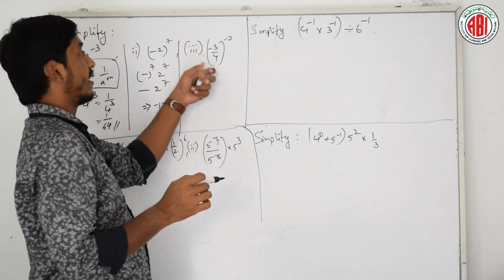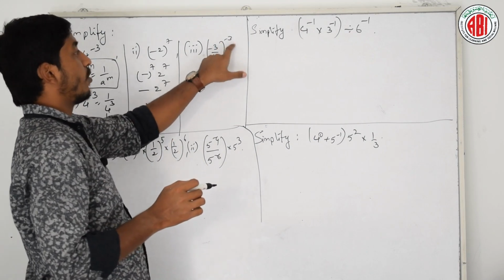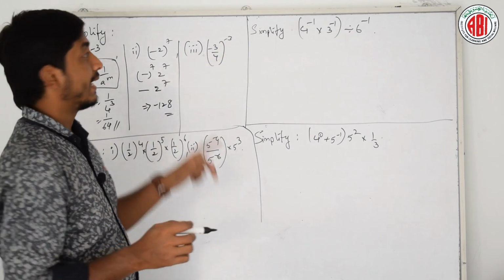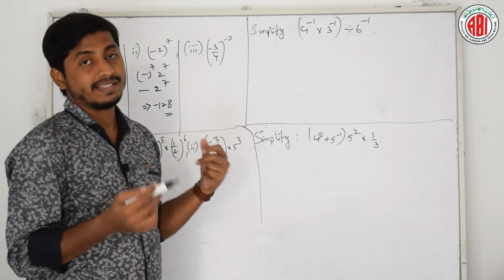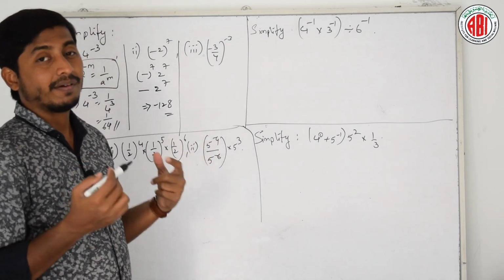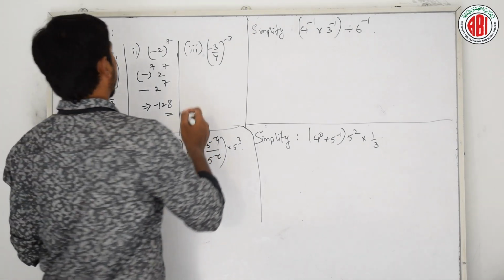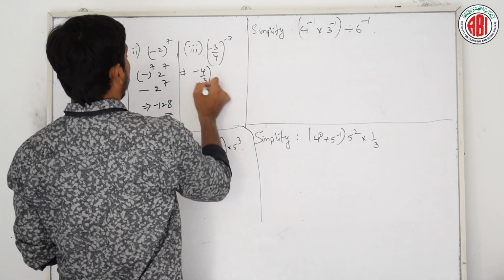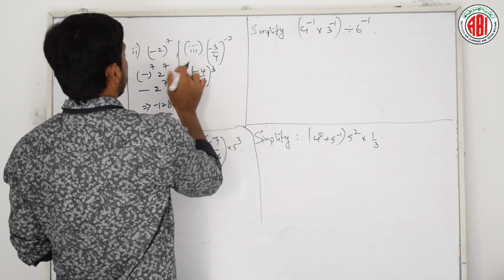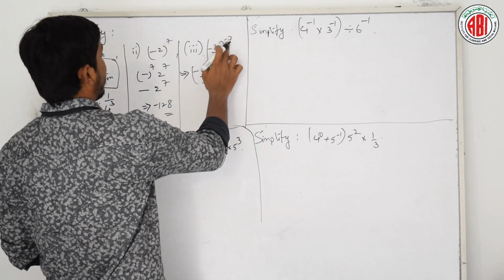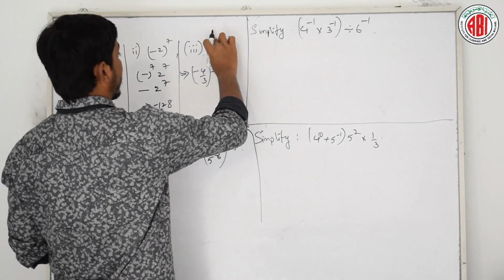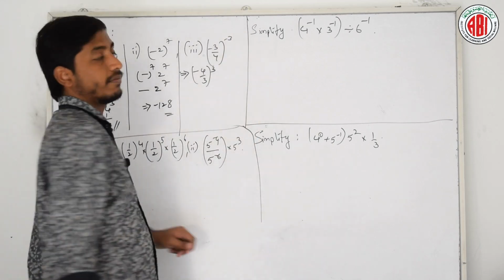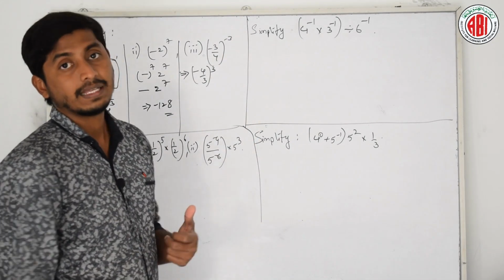Yes, right? See here. Minus 3 by 4 whole power minus 3. Again this is in the form of a power minus m, that is nothing but the reciprocal. This will become minus 4 by 3 power 3. Just remember, whenever you see minus in the power, just take the reciprocal and make it plus.